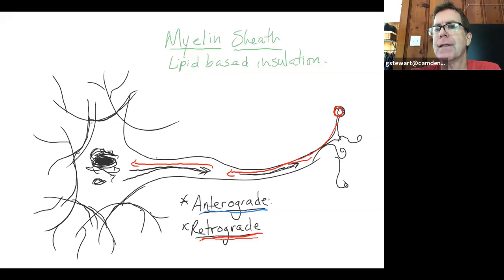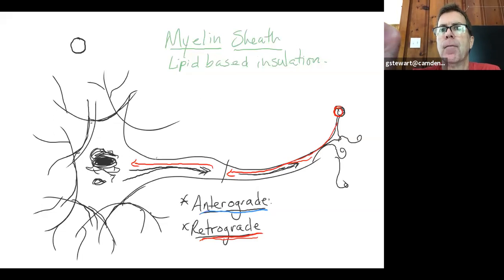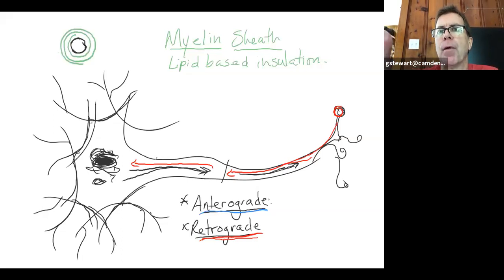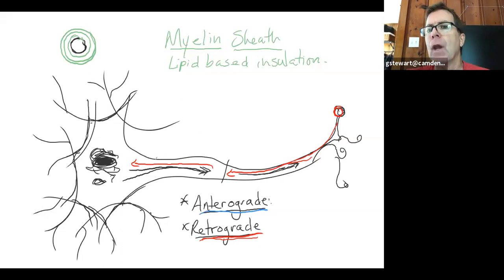If you were to look at this axon in cross section like this, these Schwann cells, what they do is they wrap around this axon like wrapping paper or like toilet paper on a roll, but they're fat-based cells, so they have a thickness to them. And they wrap in sections.